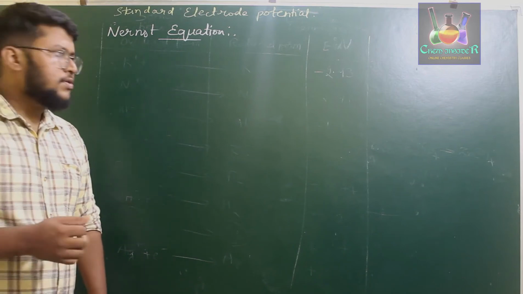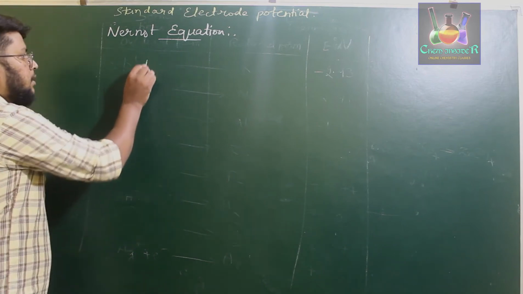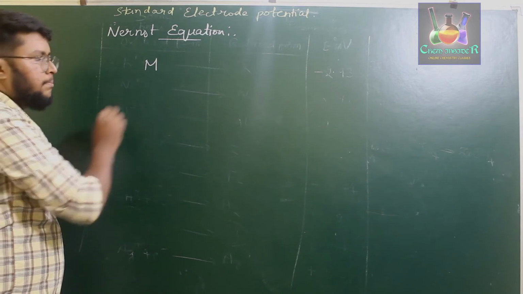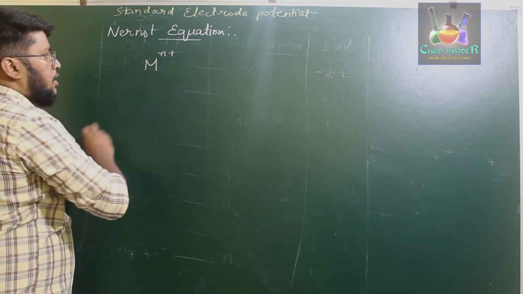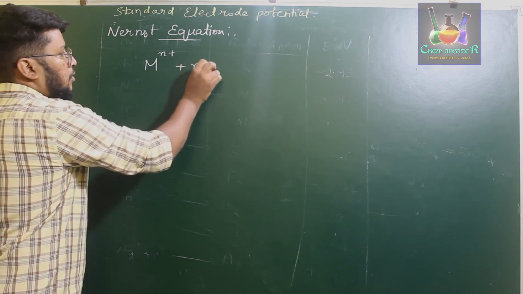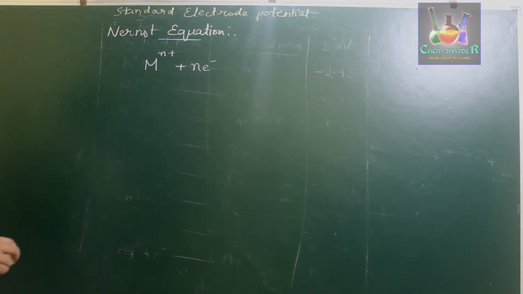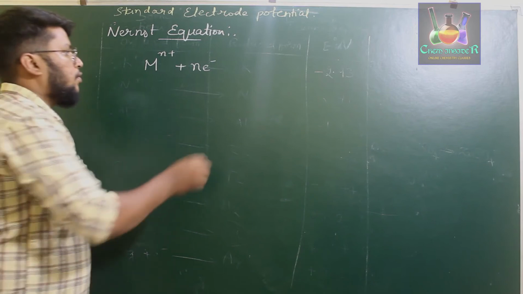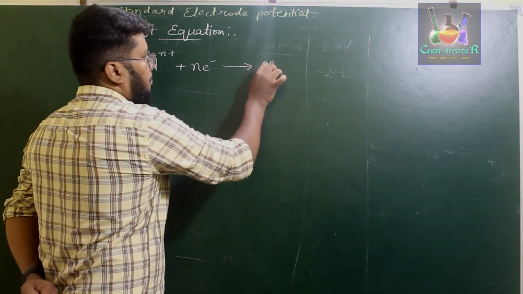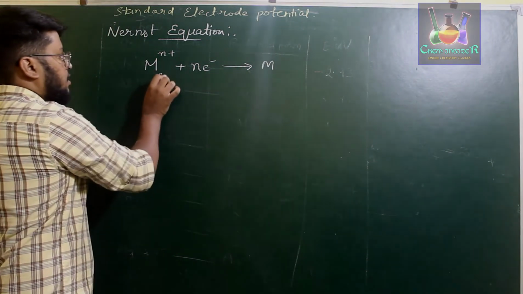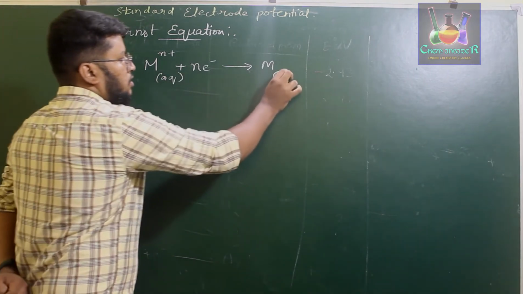potential. So consider an example, let us say a metal ion M with n plus charge is gaining n number of electrons to form a stable M atom. This is in aqueous medium, and the product is a solid.